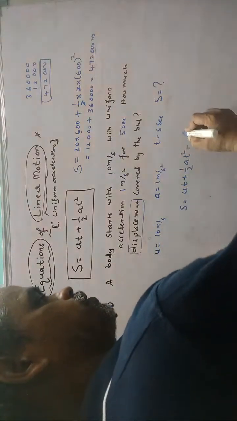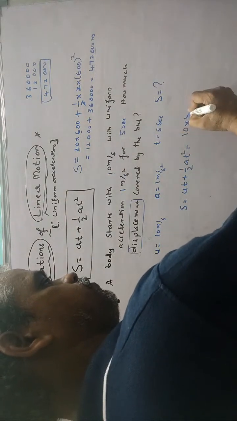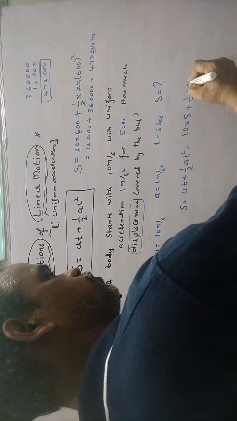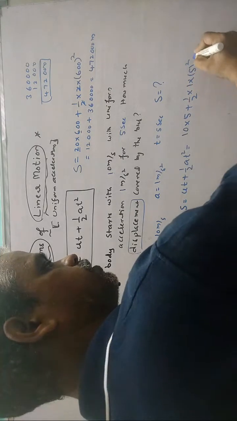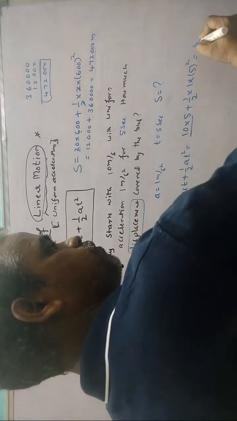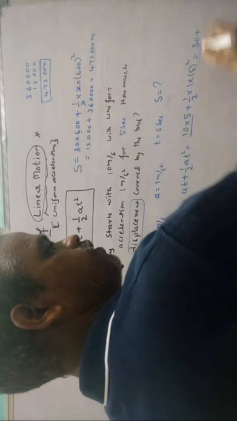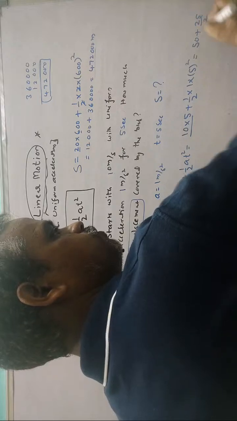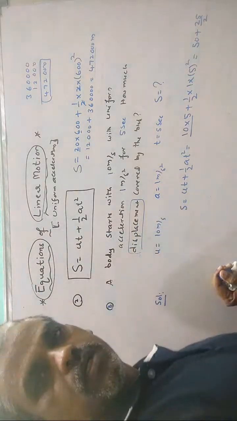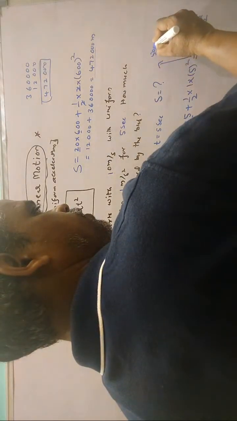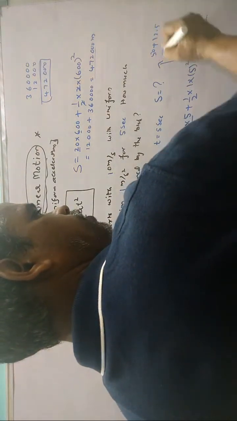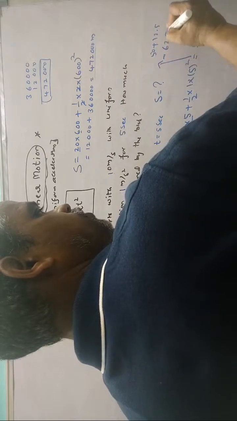What is u? 10 into 5 plus half into a into 5 whole square. 10 fives are 50, here 25 by 2, is it or not? Yes. You will get here 50, 12.5. Finally, you will get 62.5 meter.